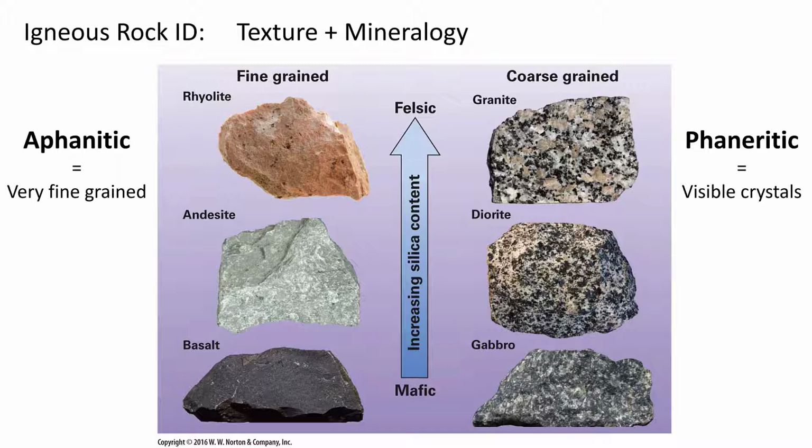First, let's talk about texture. We've used the terms fine-grained and coarse-grained to describe extrusive rocks and intrusive rocks, respectively. More formal terms in geology for these textures are aphanitic for very fine-grained rocks and phaneritic for coarse-grained rocks that have visible crystals.